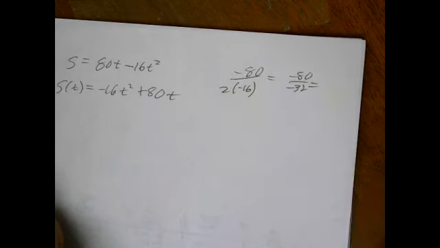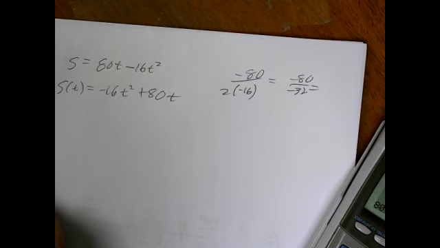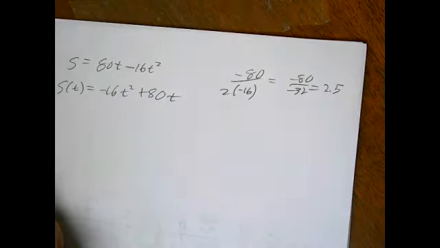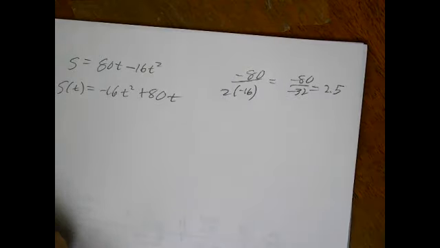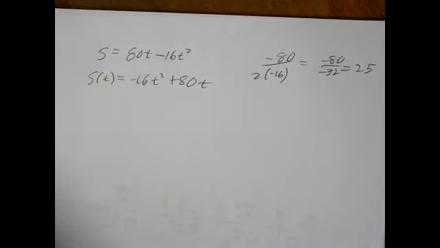So I'm going to do this using just a little bit of plain old algebra here. Negative 80 over negative 32 is a 2.5. All right. So I just want to show you that your algebra will do this too for you. All right. But we should be doing it with calculus.